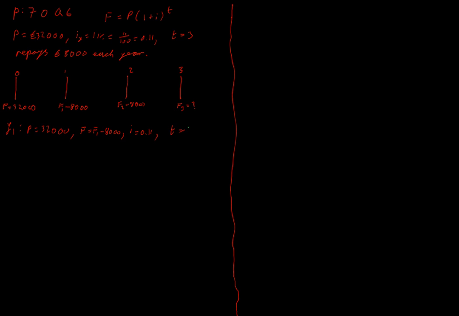We're only dealing with the first year, so our time is 1. Now I'm going to write down my formula. I'm going to do this per year using my formula because it's faster than finding the euro interest and adding it on to my present value. So I can use this because over the space of the first year, nothing changes.